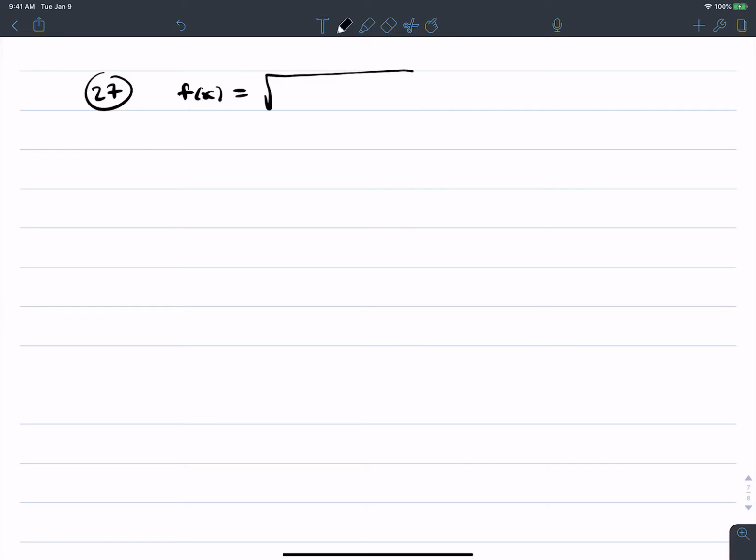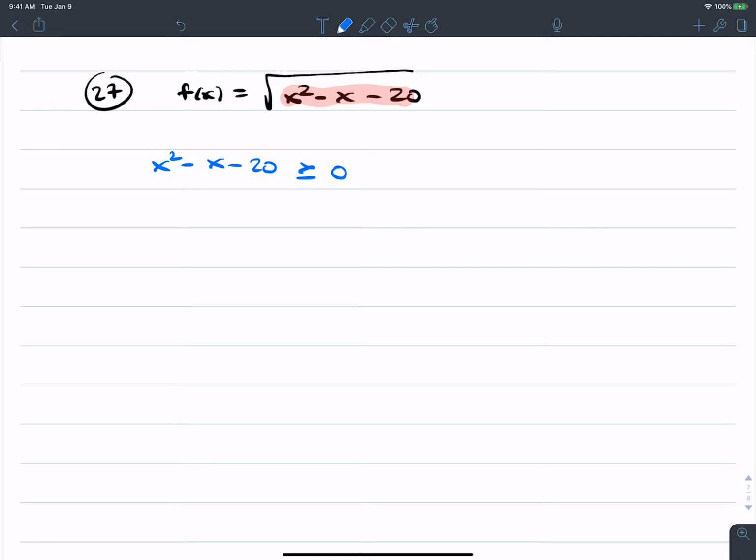Square root of x squared minus x minus 20. Since it's a square root function, set what's under the radical to be greater than or equal to 0. That has to be positive or equal to 0.